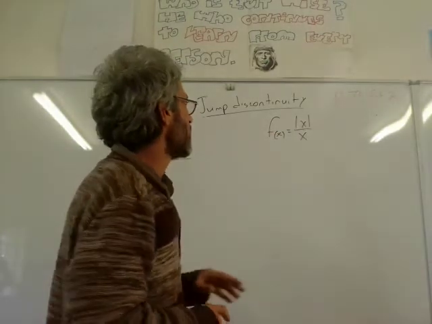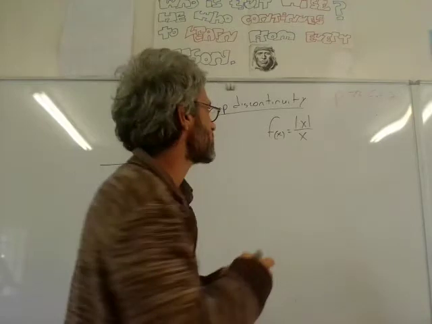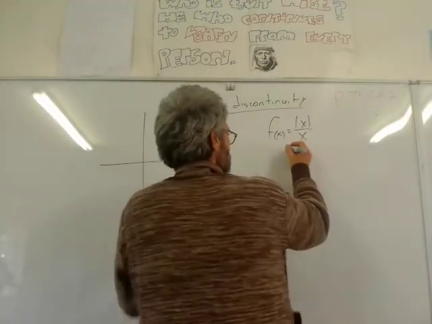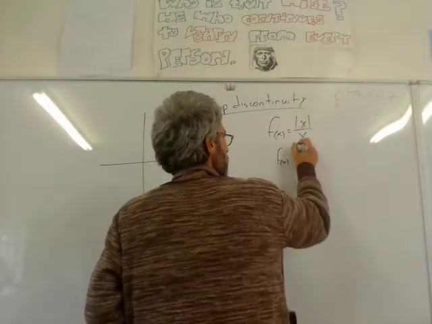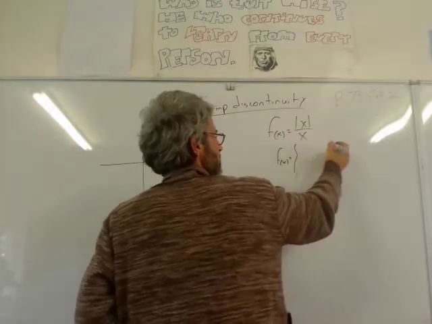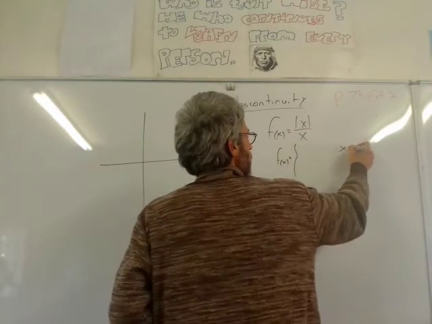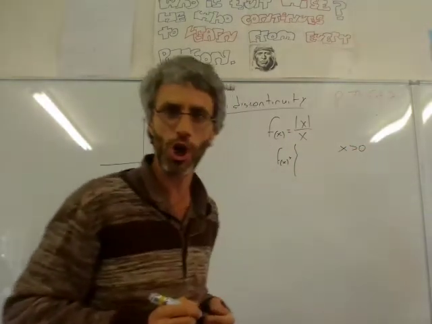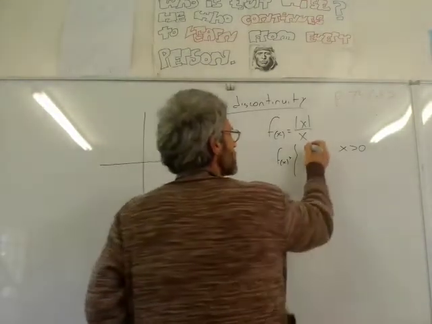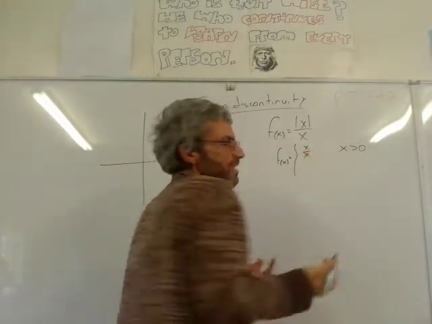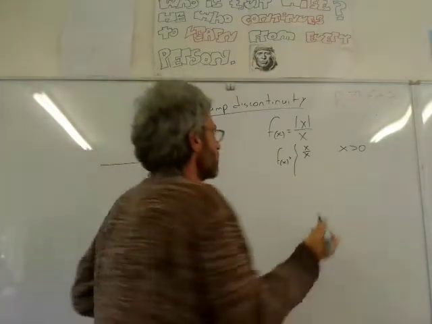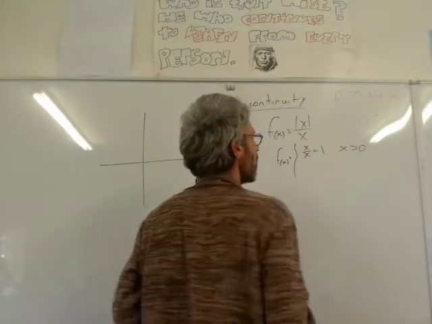Now, if you remember, how do we analyze and draw it? We say f of x is really the same thing as saying that for positive x, it's simply x divided by x, because the absolute value of a positive value is just x itself, and that is 1.